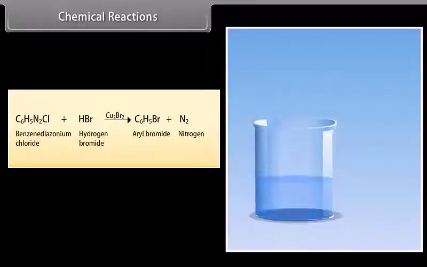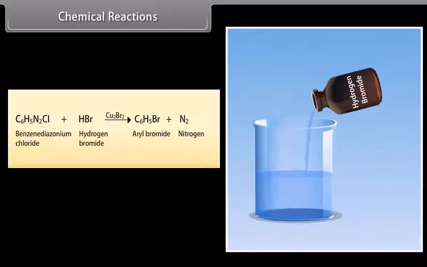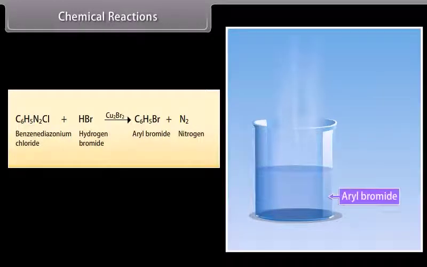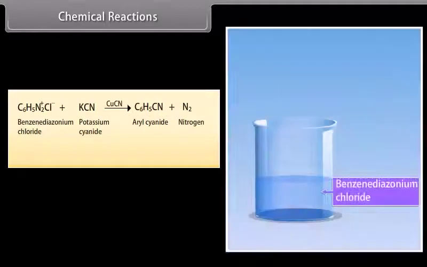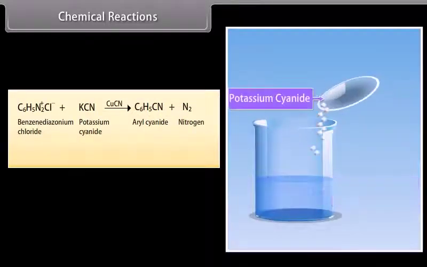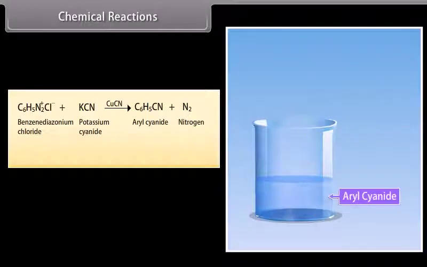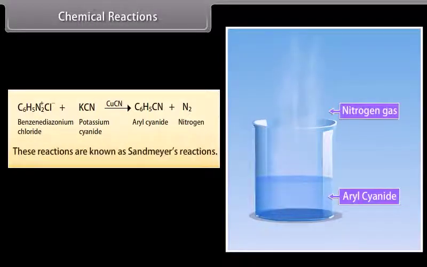With hydrogen bromide and cuprous bromide, it yields aryl bromide, and with potassium cyanide and cuprous cyanide, it yields aryl cyanide, evolving nitrogen gas. These reactions are known as Sandmeyer reactions.